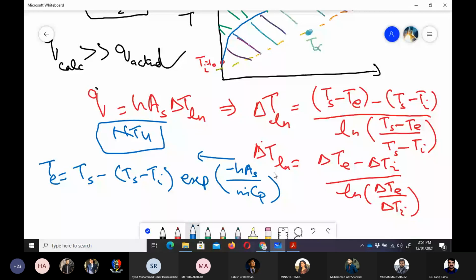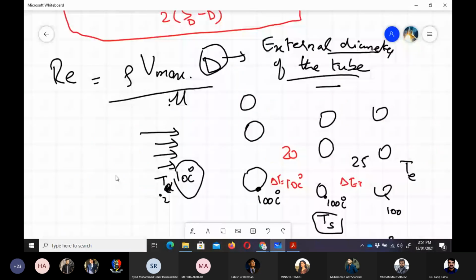We will see where these formulas came from. In order to have a realistic value of Q dot, we use ΔT logarithmic. Instead of using the mean value, which we showed here, Ti plus Te upon 2, the area under the curve would be very high.